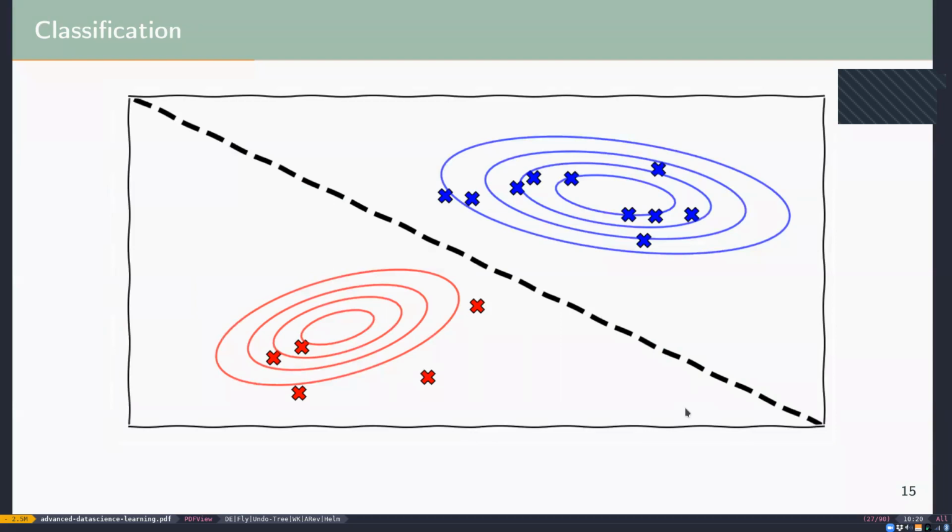That's my D. Then I have a generating process, which is this line, F. And then I have some training data, S, which are these crosses. My aim now is to find this line by only taking these crosses. That's the task, as simple as that.